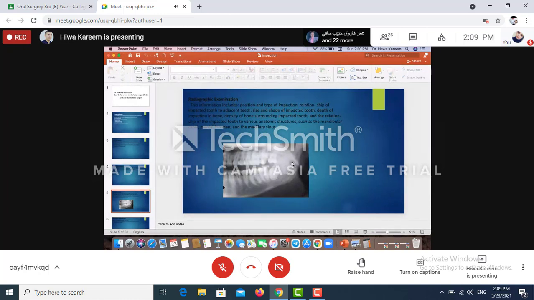If this nerve is injured during extraction, it leads to paresthesia of the lower lip on the same side. We must also take care of the mental nerve, in the mandible below the 4 and 5 region. In the maxilla, we have just the maxillary sinus.